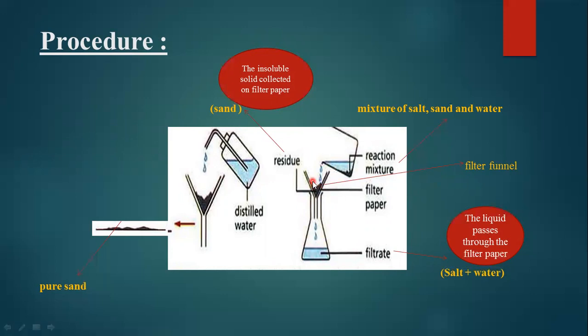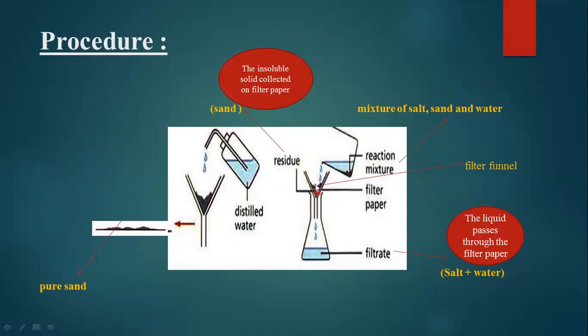In the filter funnel, we use a filter medium called filter paper. It's a kind of paper commonly used in the lab to perform different experiments, and filter paper is a type of paper having small holes.